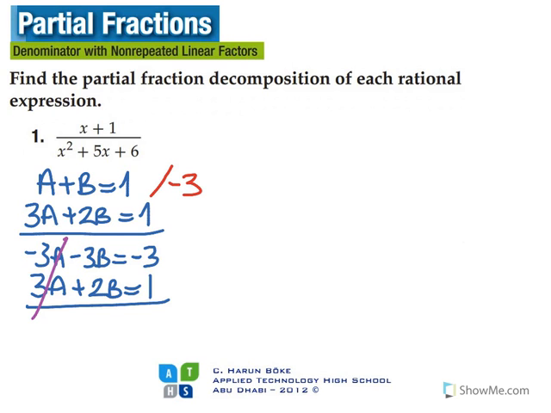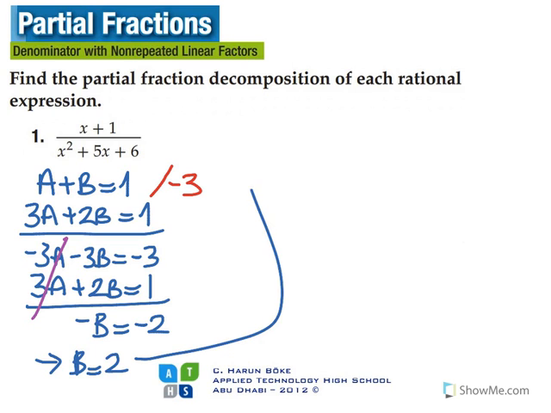Minus 3b plus 2b is minus b, which is equal to minus 3 plus 1, minus 2. So this means b is 2. Now let's substitute this value into the first equation. So it will be a plus 2 equals 1, so a will be minus 1.